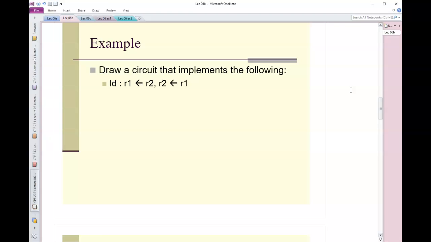The issue here is, let's draw this thing. I see two registers there, so I'm going to draw two registers. I'm going to call one R1, one R2. What it says is there's a path from R1 to R2, and there's a path from R2 to R1. These would be the data inputs.